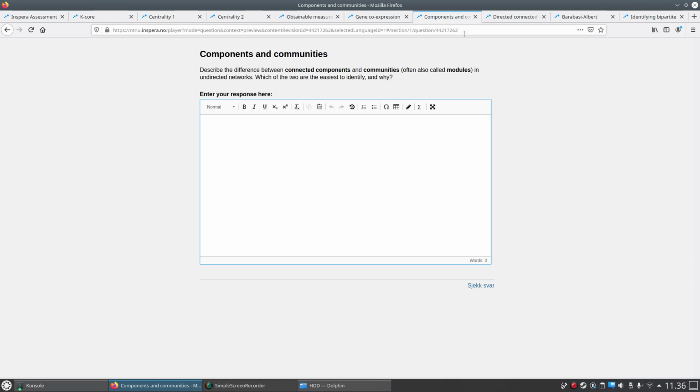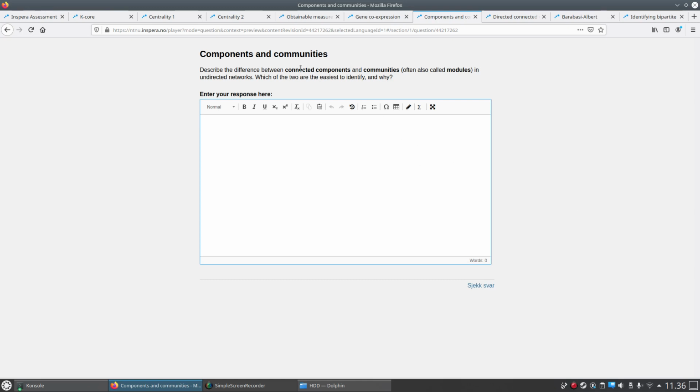Well, a connected component is a subset of the network where every node can be reached from another by walking over edges.